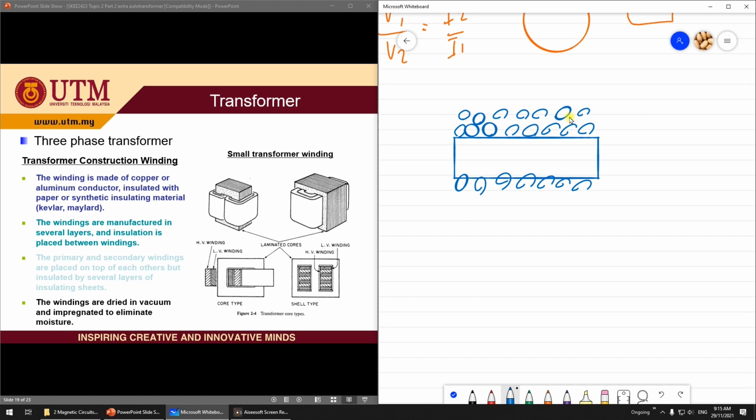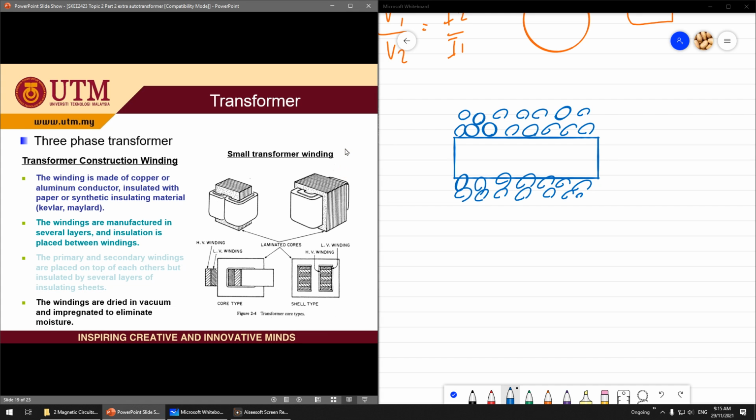That's it. If one layer is not enough, you put a second layer. And the windings are dried in vacuum to eliminate moisture. You don't want moisture inside the transformer.